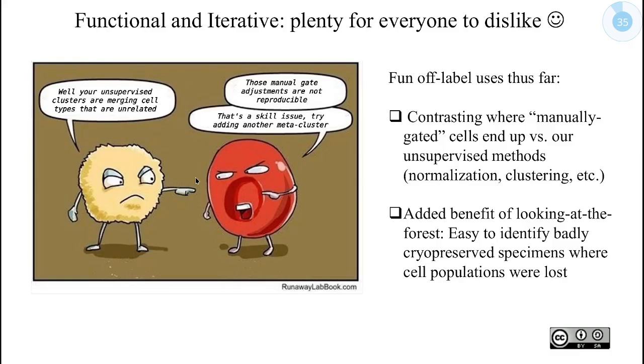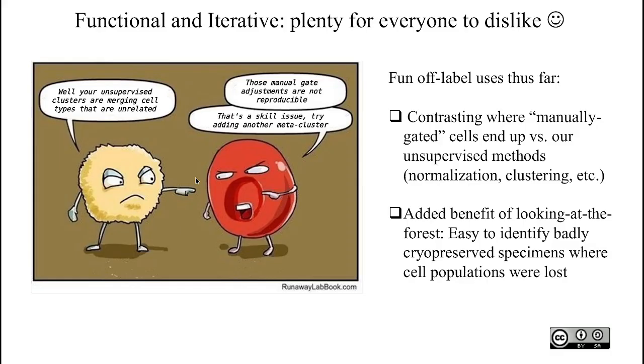Now, this approach has been very functional and has been iterative, and there's plenty for everybody to dislike, regardless of if you're in the supervised manual analysis camp or the entirely unsupervised analysis camp. However, there have been some very fun off-label use cases that we've encountered so far. Because that manually annotated gating information is present on each individual cell, we can use it to check assumptions as far as our unsupervised methods, like is their normalization performing similarly for all groups of cells?